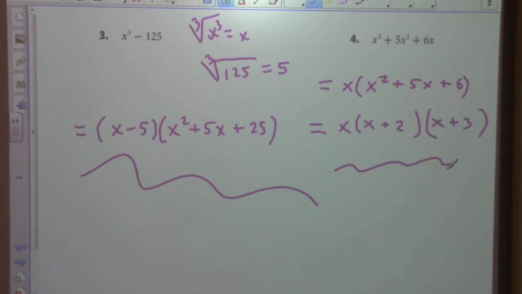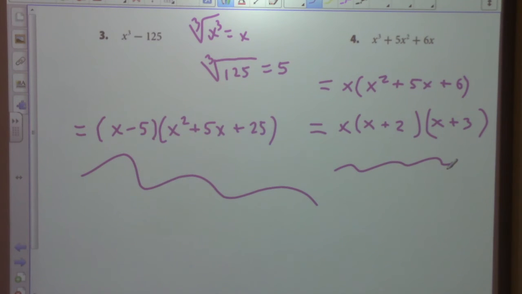The greatest common factor is... Okay, number 5, look for your greatest common factor first.